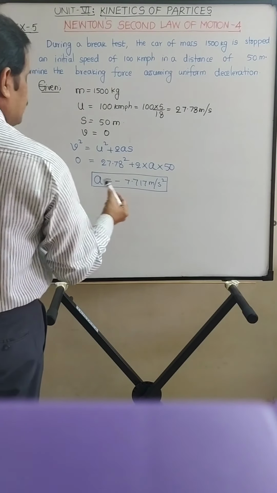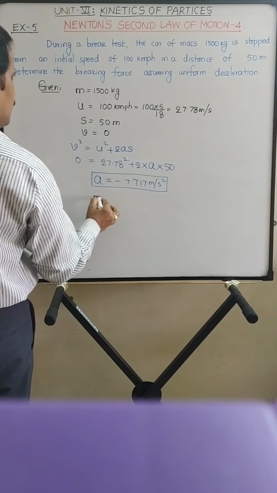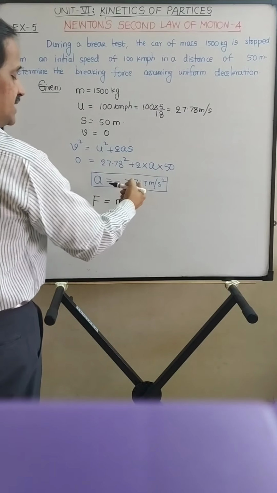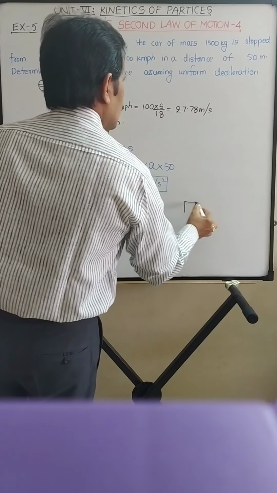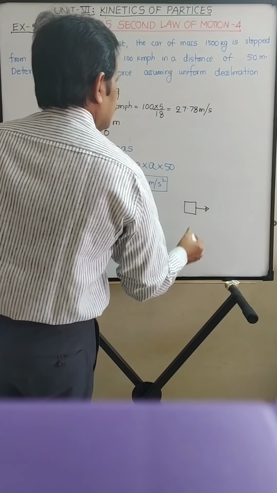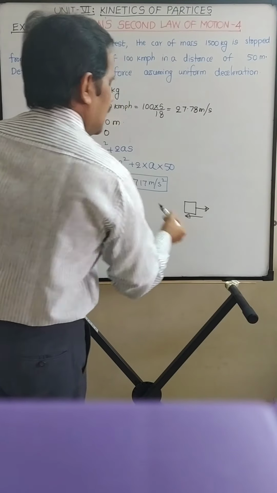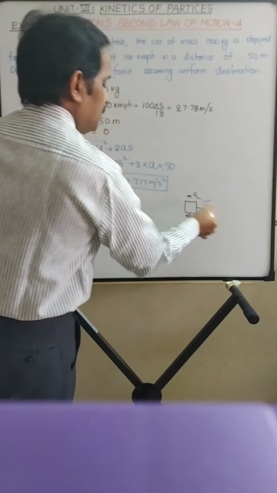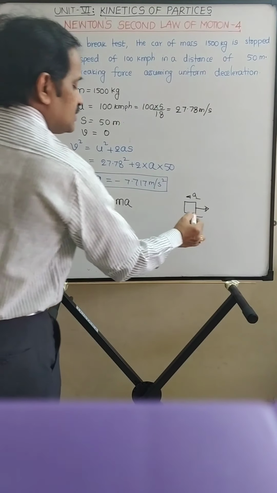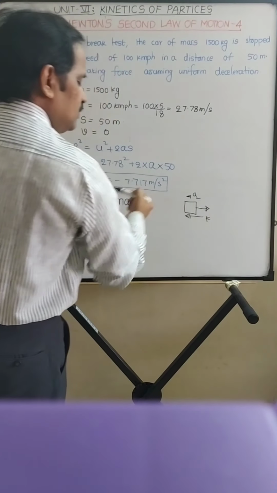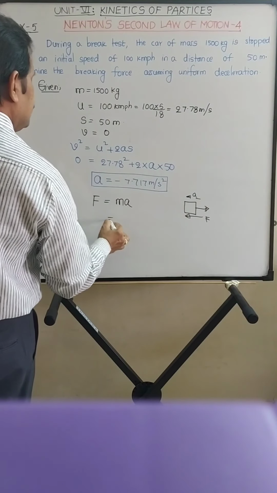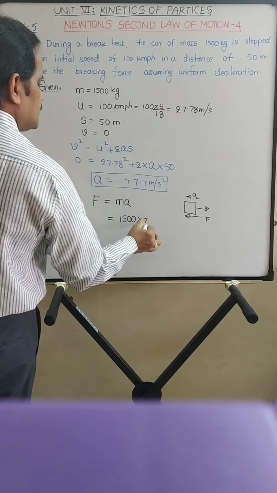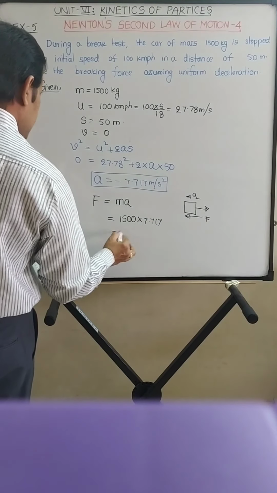So the braking force required as per Newton's second law of motion is F is equal to m into a. It is negative acceleration; if the car is moving towards the right, the braking force will act in the opposite direction. So it is having retardation, a in the opposite direction of motion. So this braking force F is equal to m into a. So mass is 1500 into 7.717.